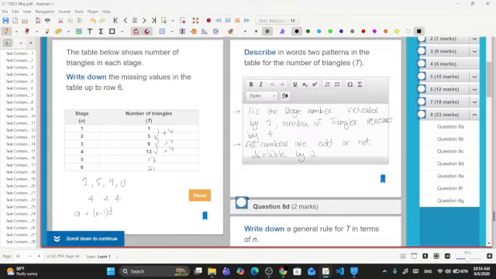The value of a is going to be 1, and the common difference is going to be 4. So we are left with 1 plus 4n minus 4, and we get a result of 4n minus 3.